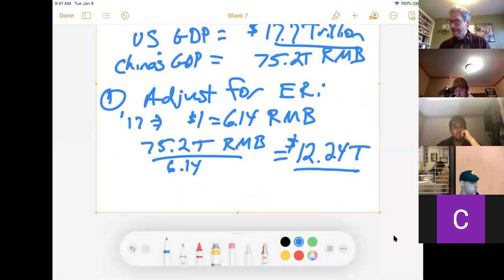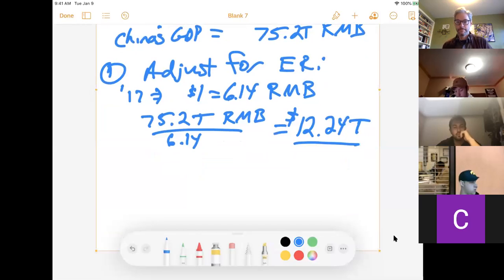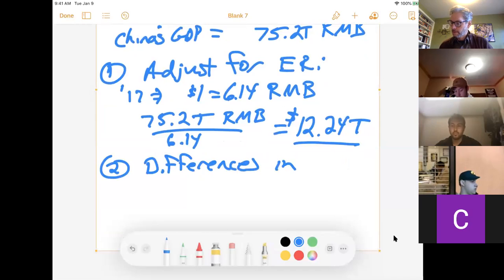But there's really another adjustment that we need to make here, and that is for differences in the price level. The price levels between the two countries are not the same.